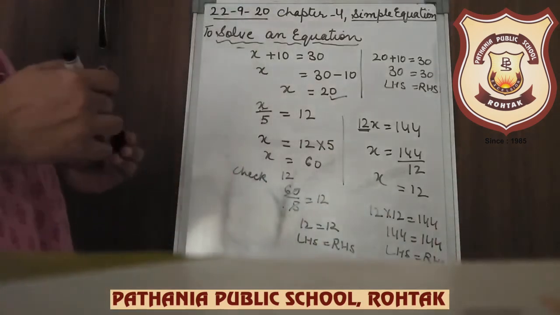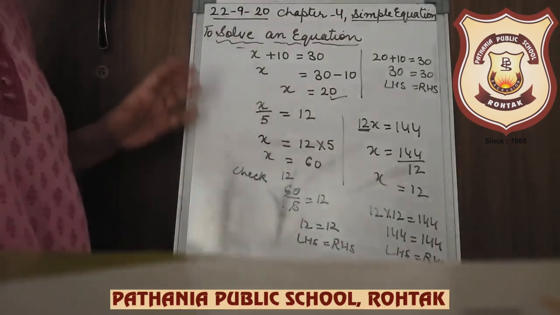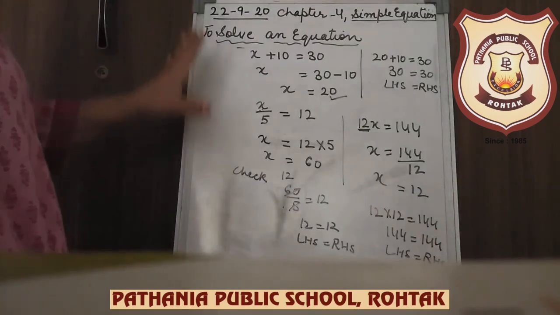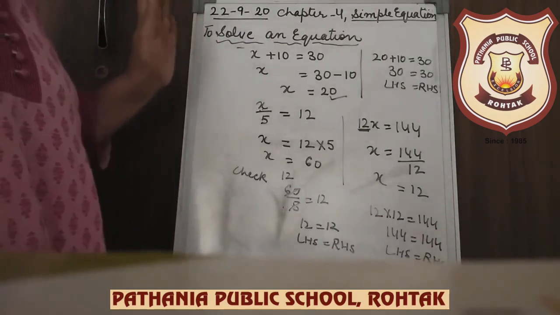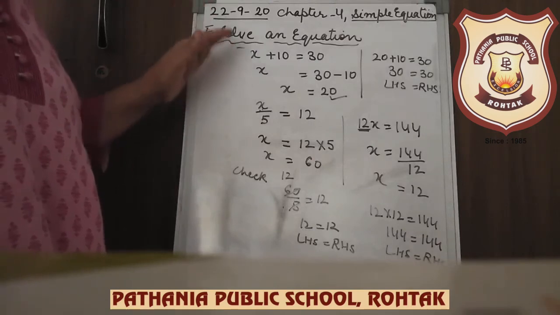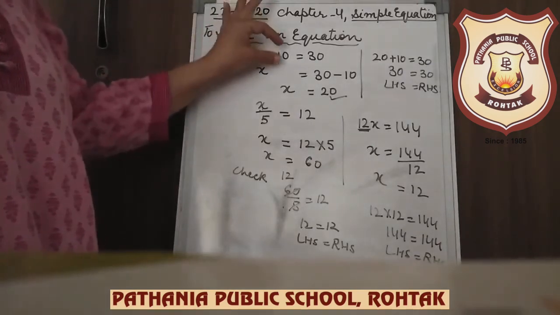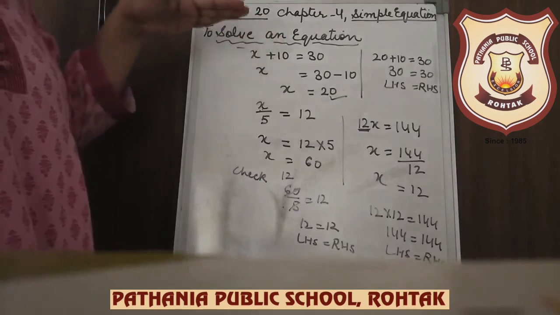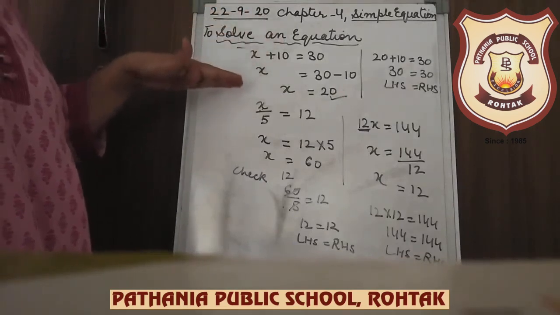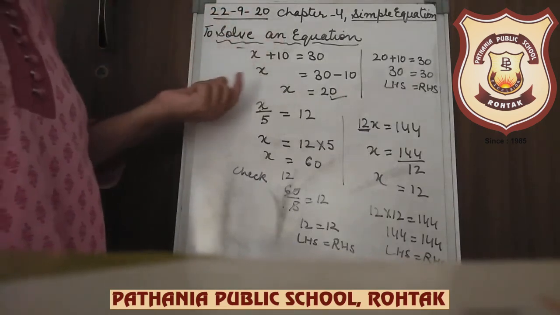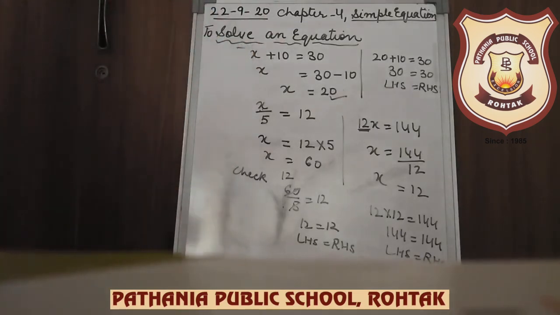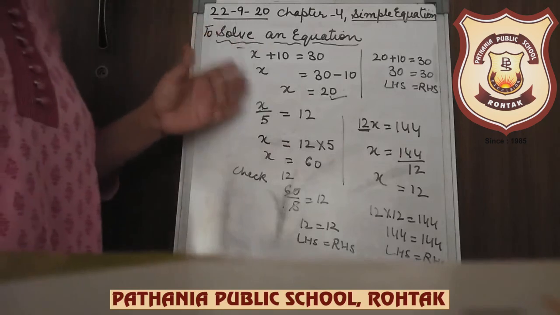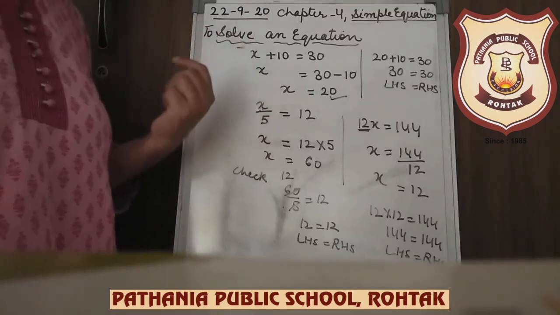So in this manner I have told you how to solve the equation. This is a systematic method where you follow perfect steps. But in trial and error, you were assuming the value for the variable on your own, and the value which satisfies the equation is the answer for the variable.